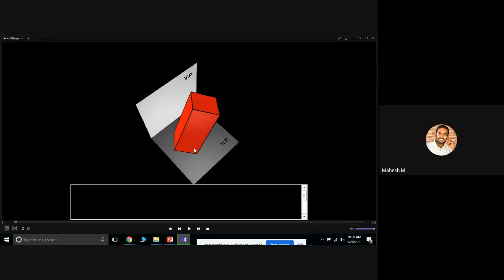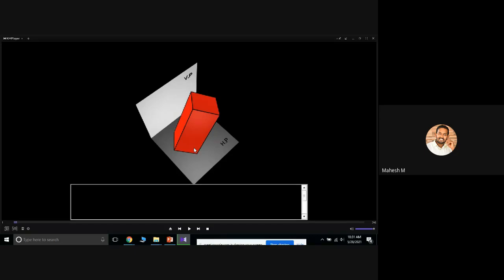So you have to be very cautious whether a problem contains the word diagonal. For this problem, the condition will be like diagonal is vertical to HP, or else diagonal is vertical to VP.